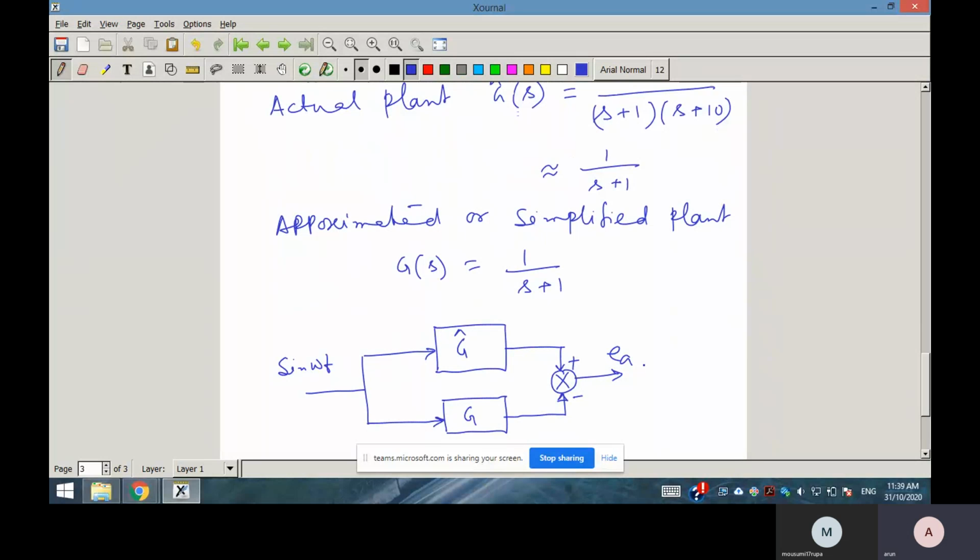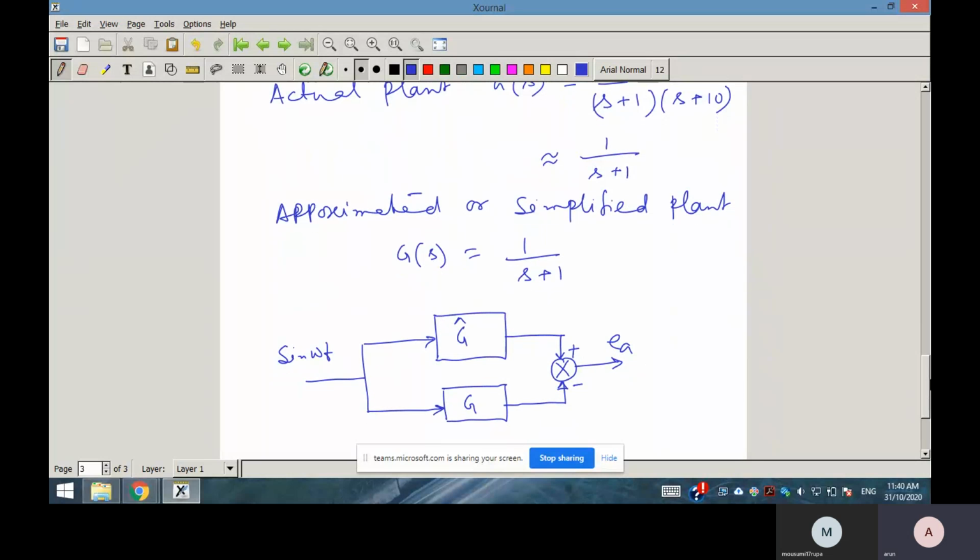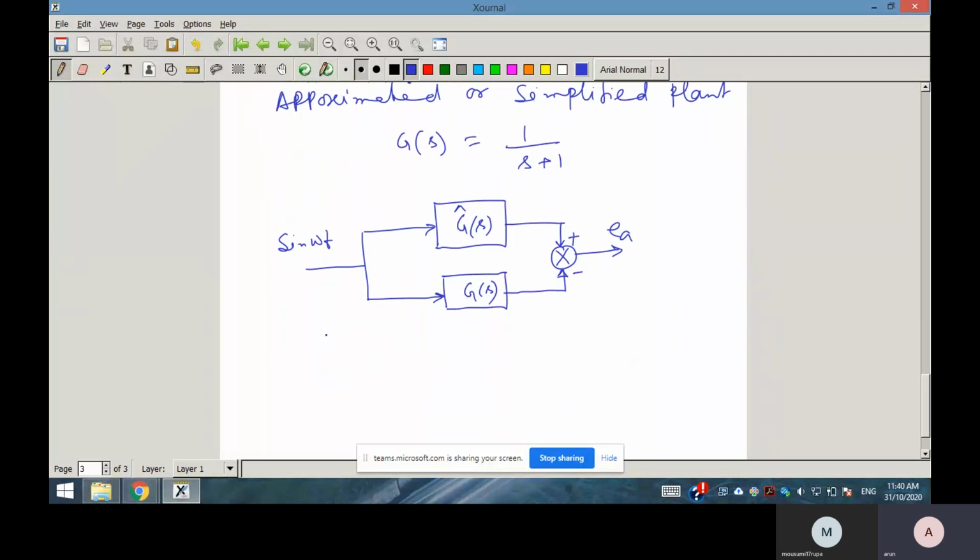So now, what is the error E_a? Suppose this is your G(s), this is your G hat. From this figure, you can easily write the error as E_a(j omega).